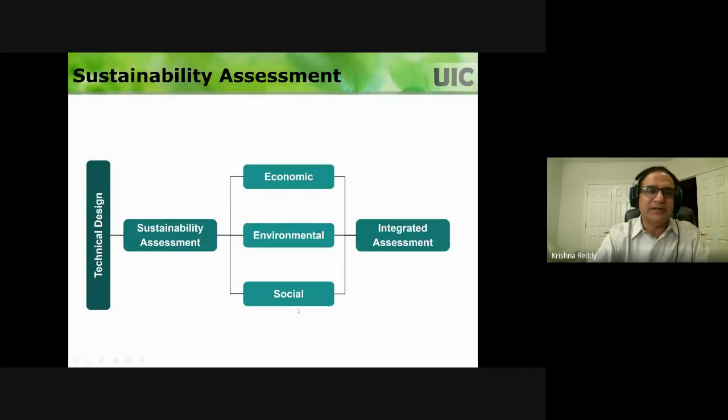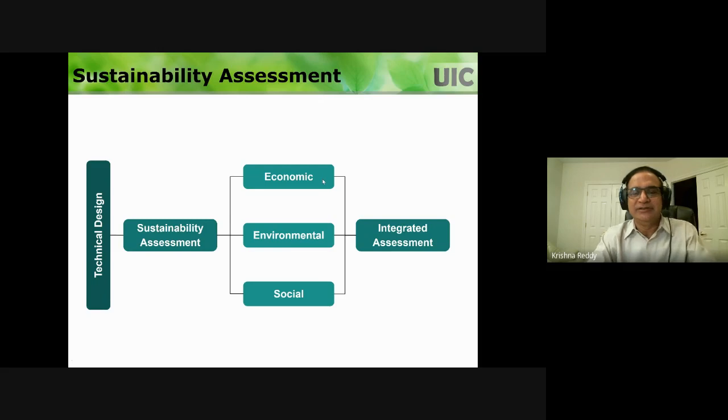So you have your technical design in the sustainability assessment. You have this technical design, and then you have, in our case, in this project, three alternatives. All three alternatives could be used. So I want to do the sustainability assessment, do the economic, environmental, social, and then I want to do integrated assessment, because you will not see all of the indicators to be favorable for one option.